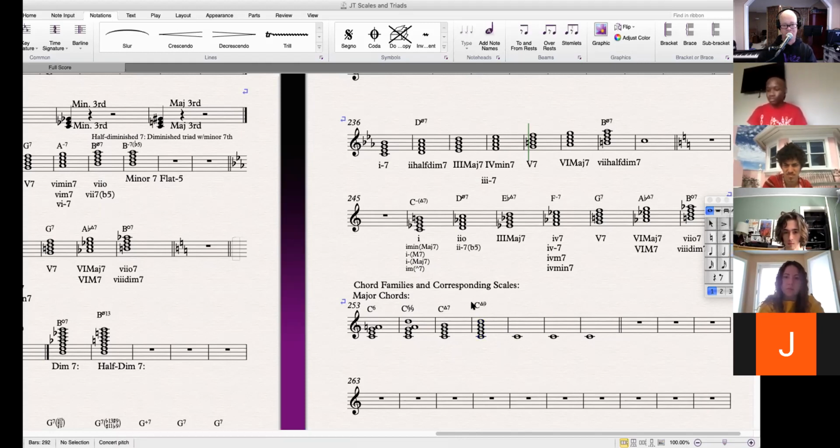Just like with the C6 chord, we can do the same thing with the C major 7 chord. C major 9.